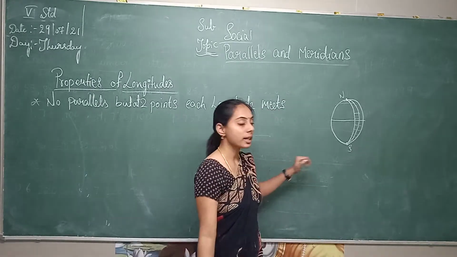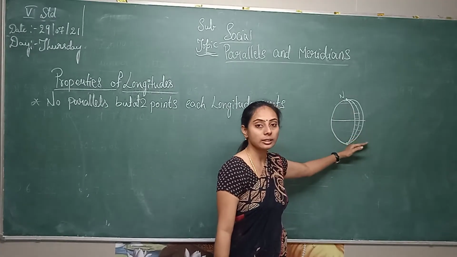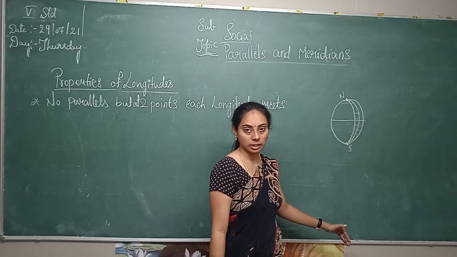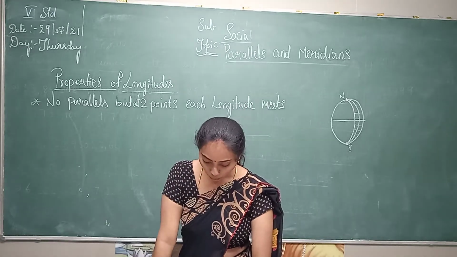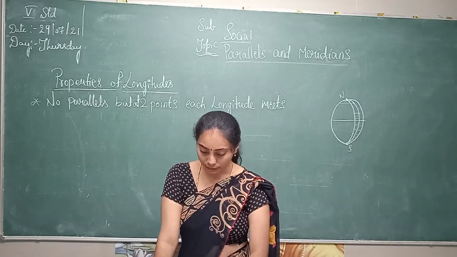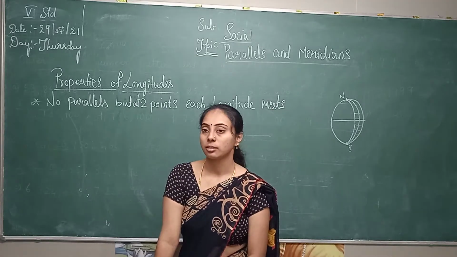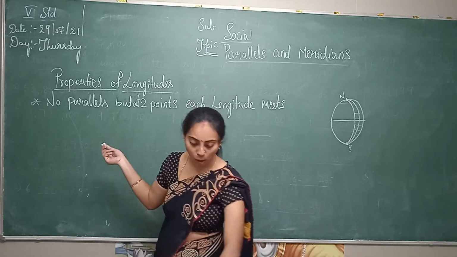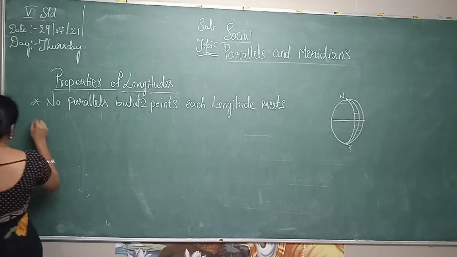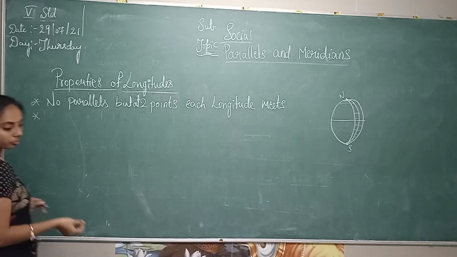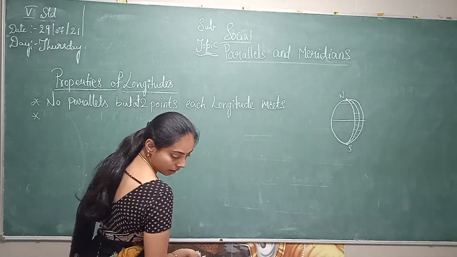When it moves towards the South Pole and North Pole, the distance decreases. Next, the poles where the longitudes meet. I hope you understand the second property: farthest apart at the equator.